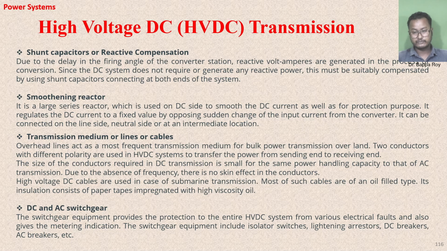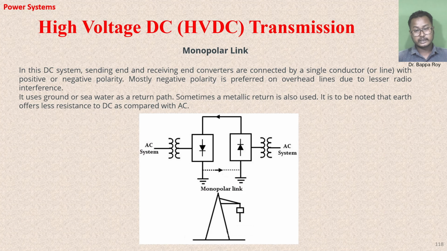So, types of HVDC system. There are three types of HVDC system. We'll just see the figure a little bit. Monopolar link. Monopolar link, very simple, from the figure you can see.